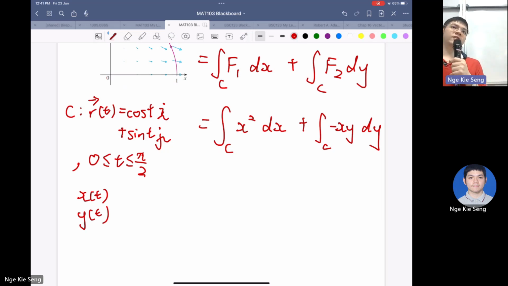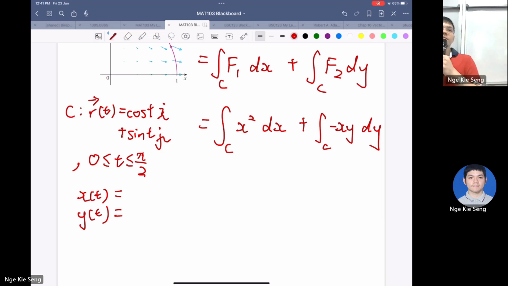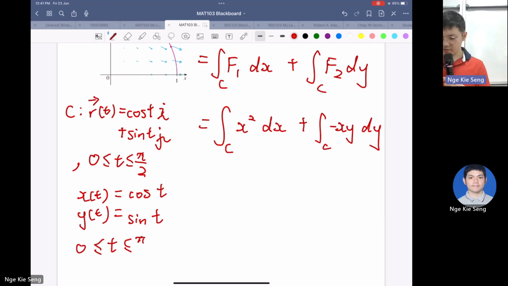Can you freely translate between the language of parametric curves or not? What is x(t) and y(t) here? x(t) is cos t, y(t) is sin t. Okay, good. So our t is going from 0 to π/2.